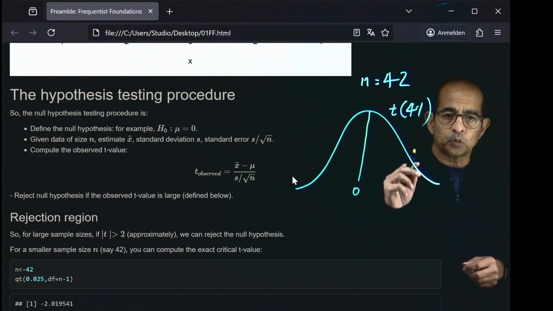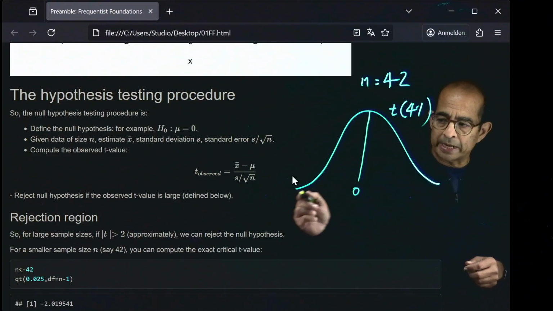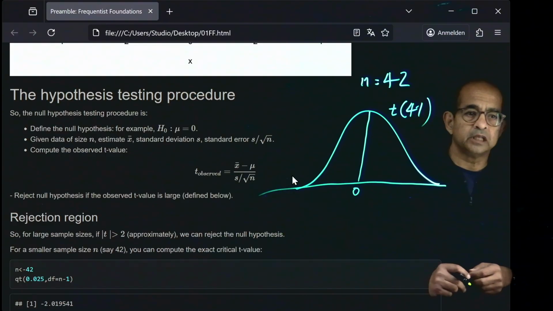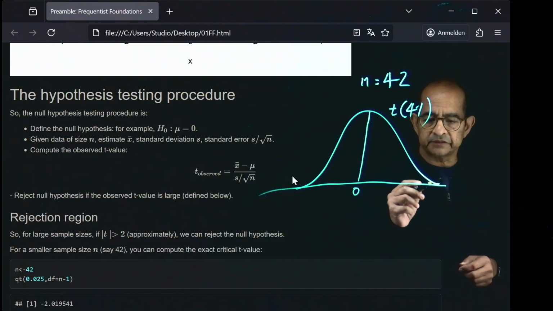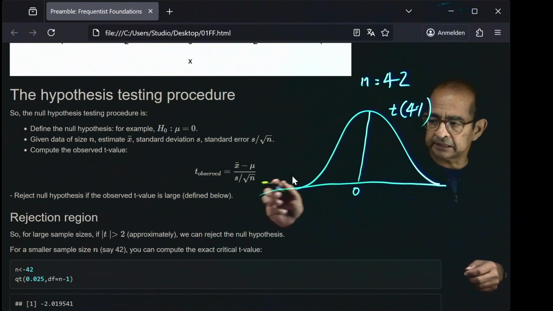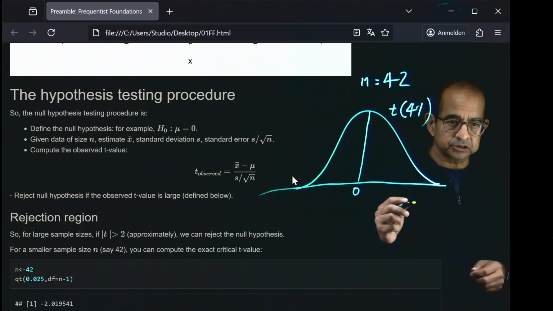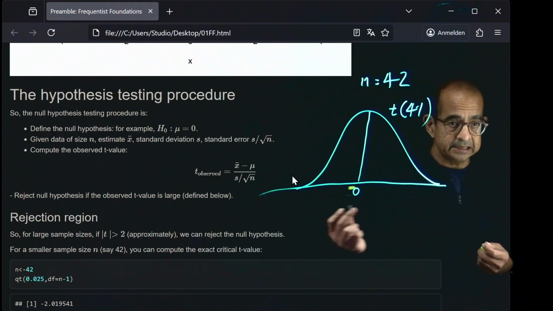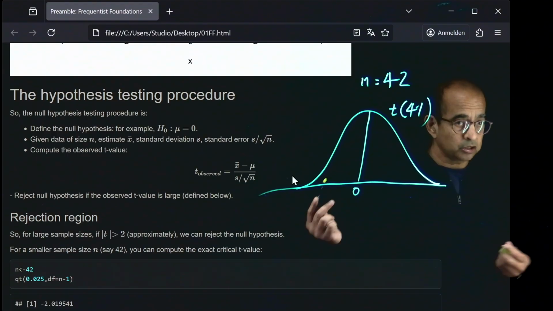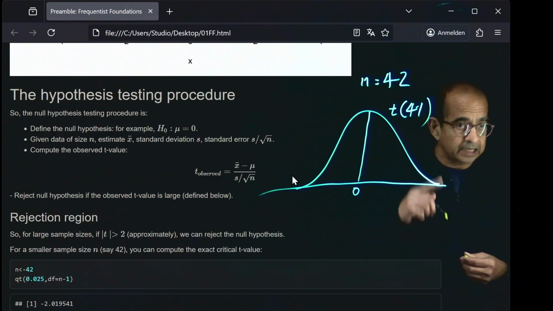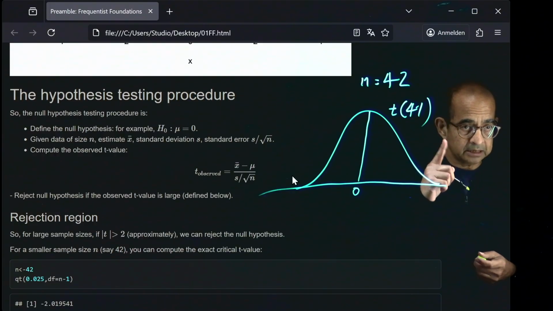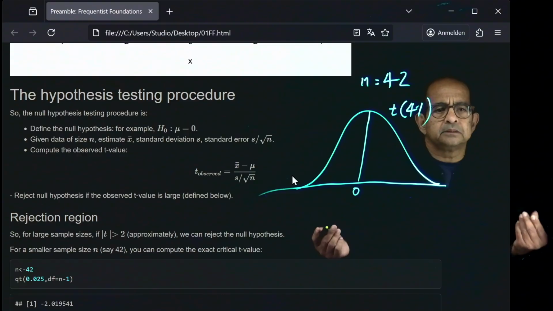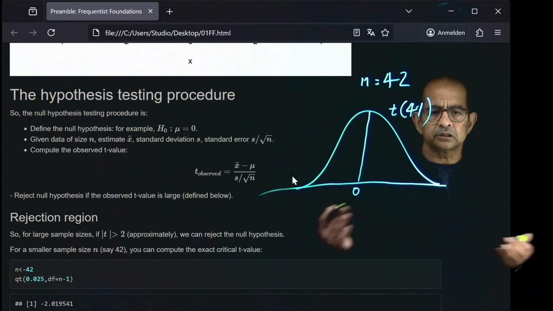What I want to know is where along the x-axis my observed t-value lies. If my observed t-value lies far away in the tails, on either side of the distribution, then I would want to reject the null. If it lies near 0, then I would not want to reject the null. I don't necessarily want to accept the null, but I would fail to reject the null. So that's basically the procedure: either reject or not reject.